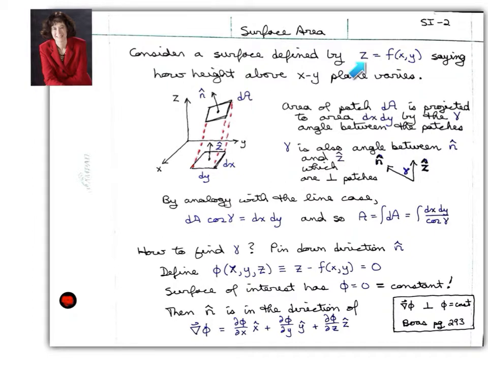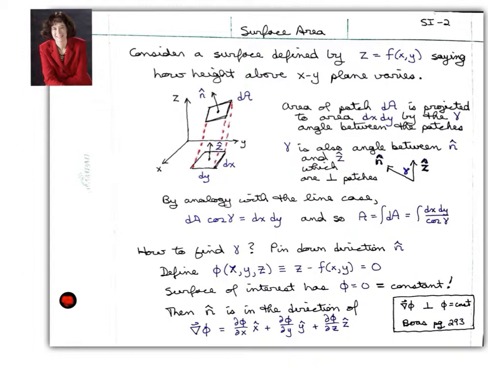Since z, the height of the surface above the xy plane, is described by this function f of x and y, we could define a new function phi that is z minus f of x and y. By definition, phi would always equal 0. That means that our function phi is actually constant.